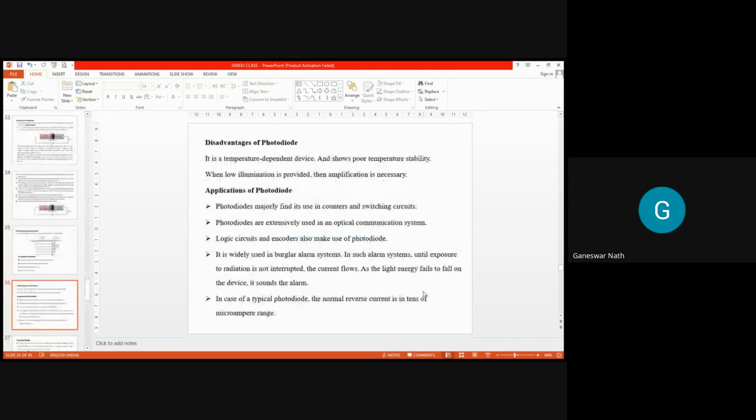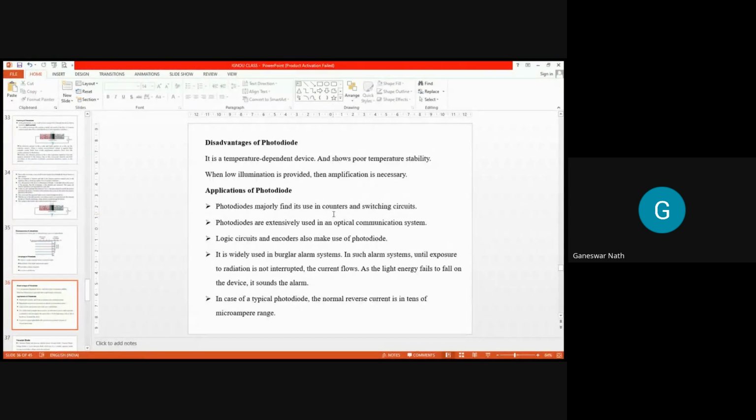Okay, similarly these are some of the disadvantages, and these are some of the applications of the photodiode that you can find here. Photodiodes are majorly used in counters or switching circuits. Counters means, suppose there is a confidential room and we are using some display, and all the display is operating through these photodiodes.